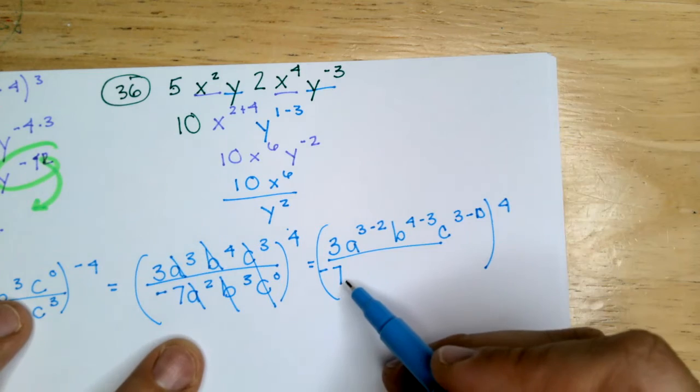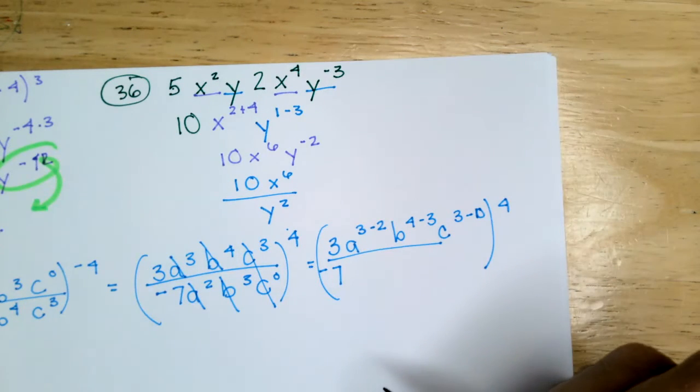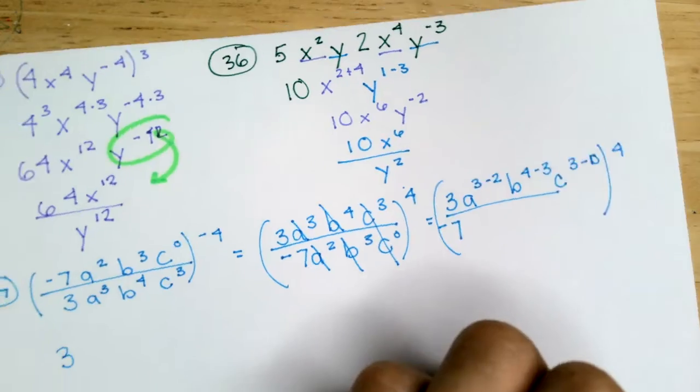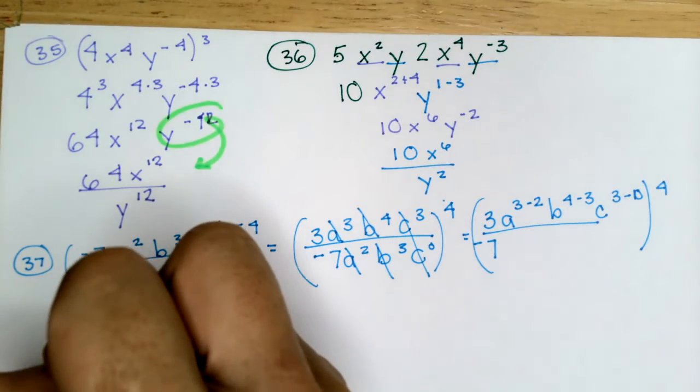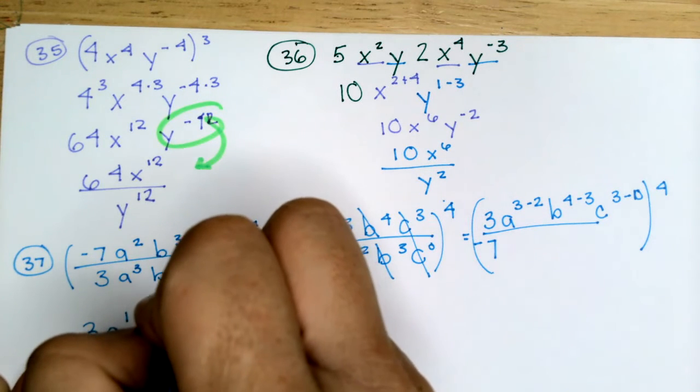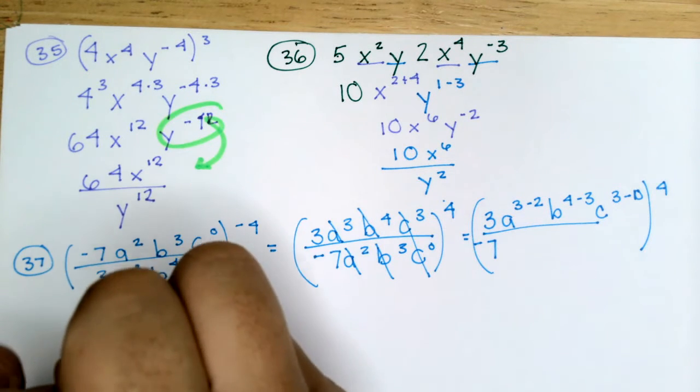Okay, so the only thing down here is this -7. Good. So now I have 3. A, 3 minus 2 is 1. B, 4 minus 3 is 1. C, 3 minus 0 is 3, over -7.